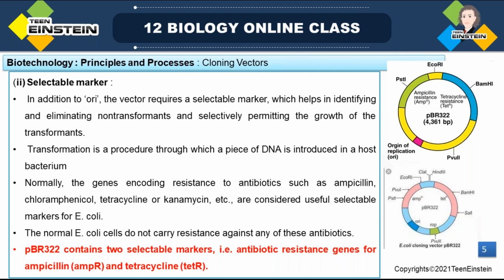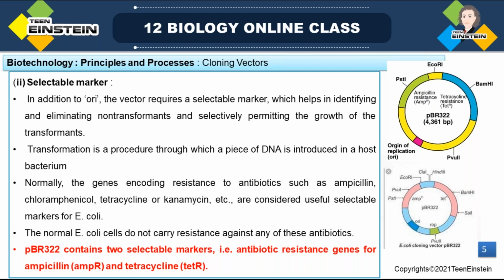So when E. coli, which is a bacteria, has an antibiotic resistant gene, it has the capacity to resist that antibiotic. When we introduce such E. coli, having the specific antibiotic resistant gene, into a medium with that particular antibiotic, definitely it will show the resistance.